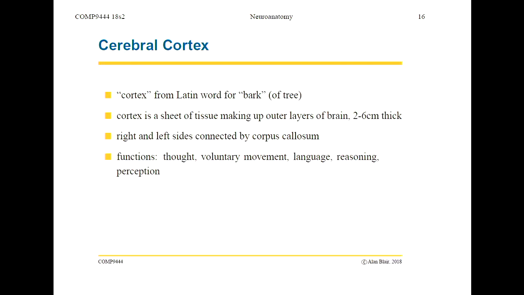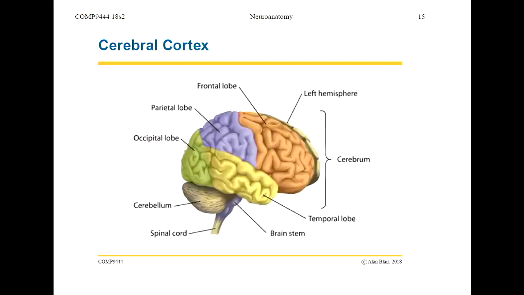I don't want to go into too many details about this, but there are a lot of interesting things. Let me just say something about language. I mentioned chimpanzees. Functions aren't really localized in the brain too much, but there are some areas that are strongly connected with language.